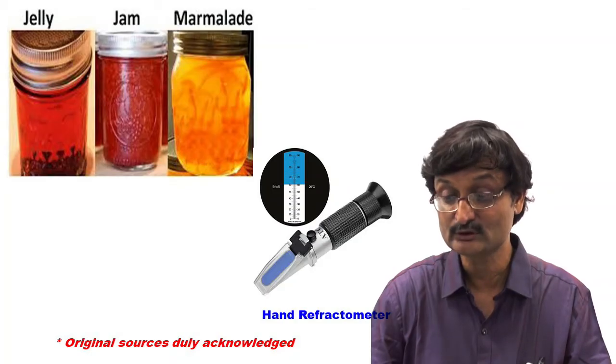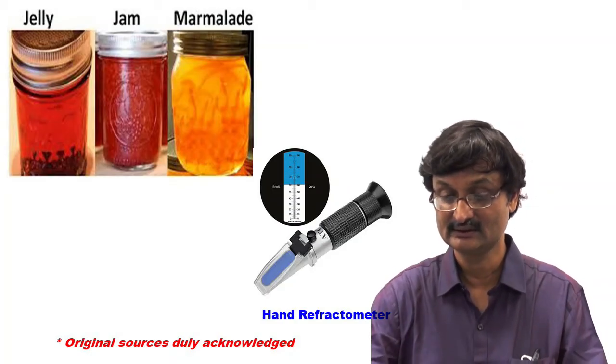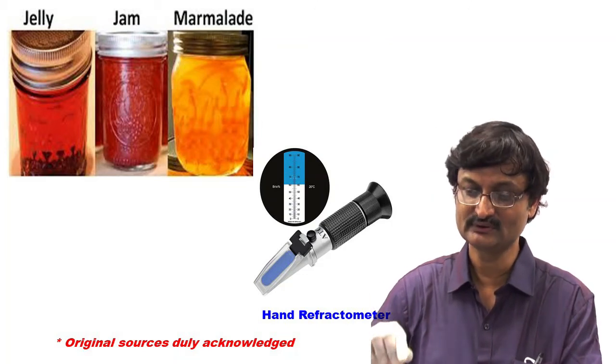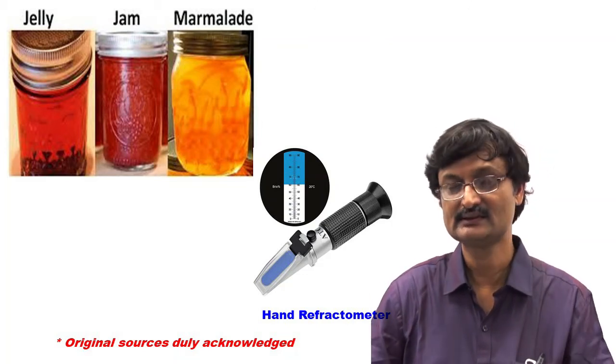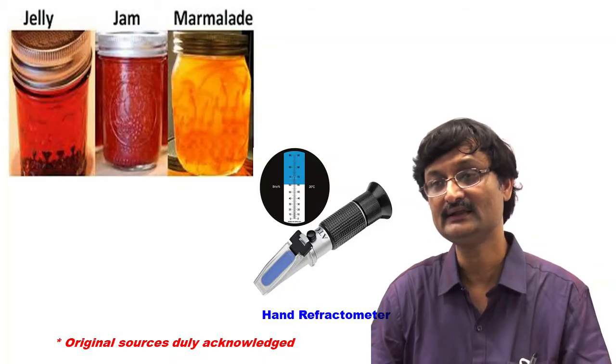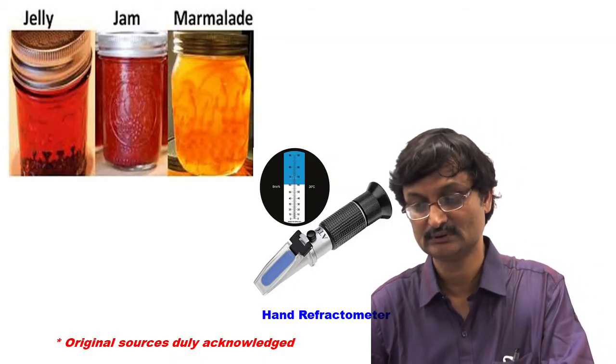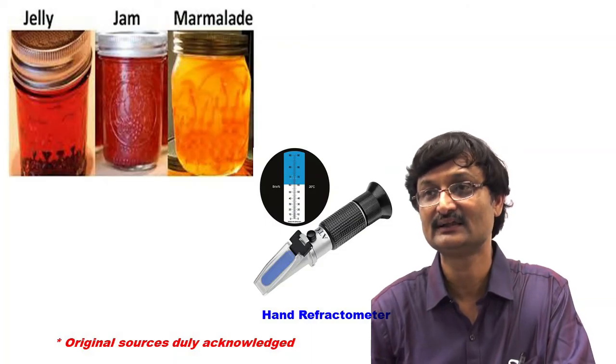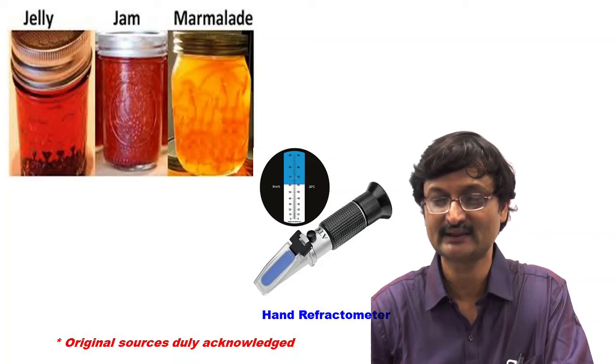In this hand refractometer, one or two drops are poured in this chamber, and it is then seen by eye, and one tabular form, Brix, is displayed. It is visible by eye, and it is based on the principle of refractive index.